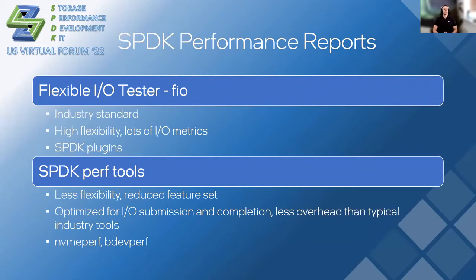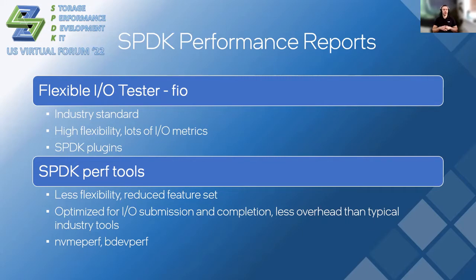To run these workloads, we use various benchmarking tools. We're primarily using FIO, which is an industry standard tool. It is very flexible and has a ton of options and reports quite a lot of metrics.